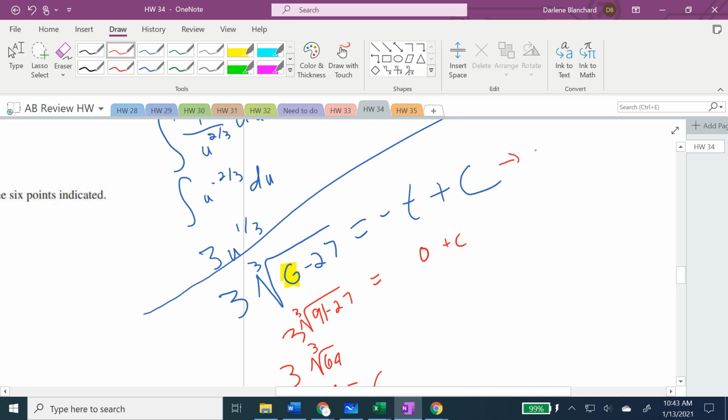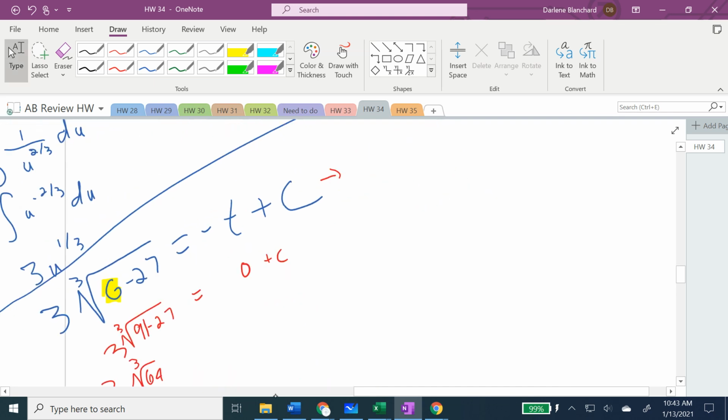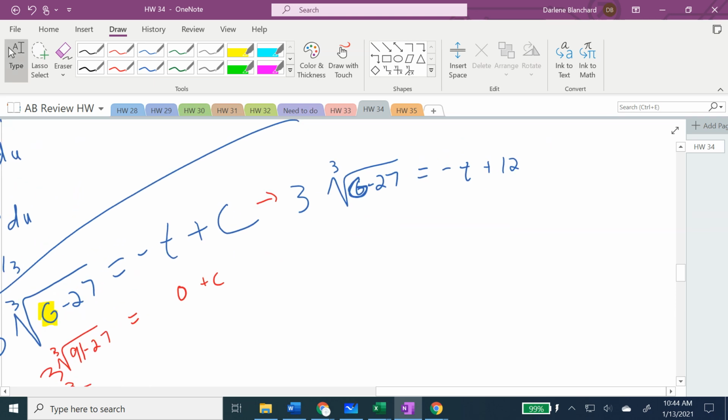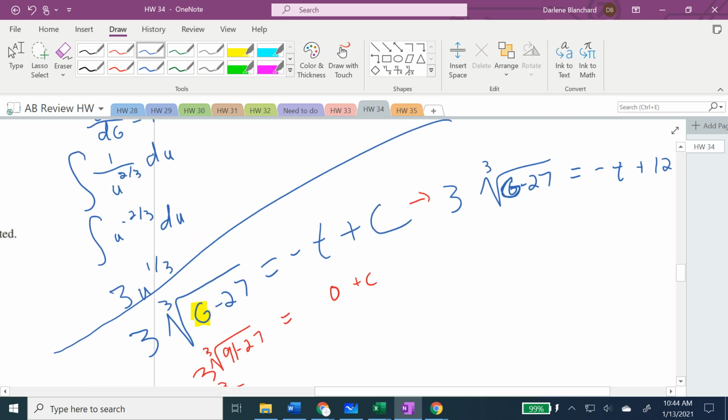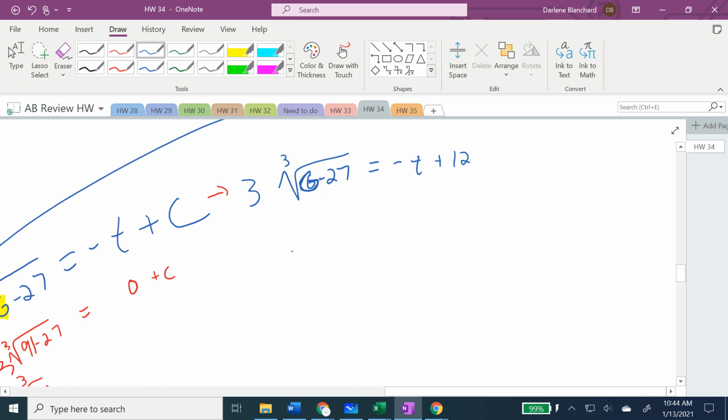At that point, you're going to come back over here and finalize by isolating g. I think we had just gotten 12. Then divide by 3.